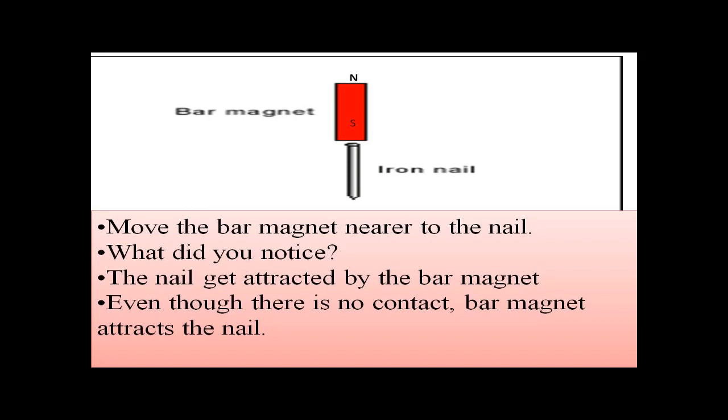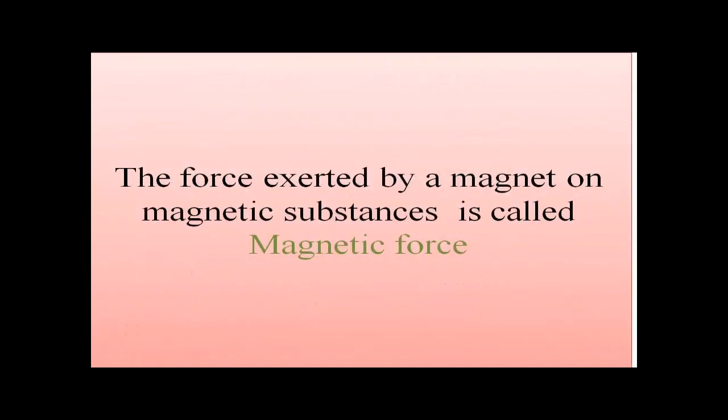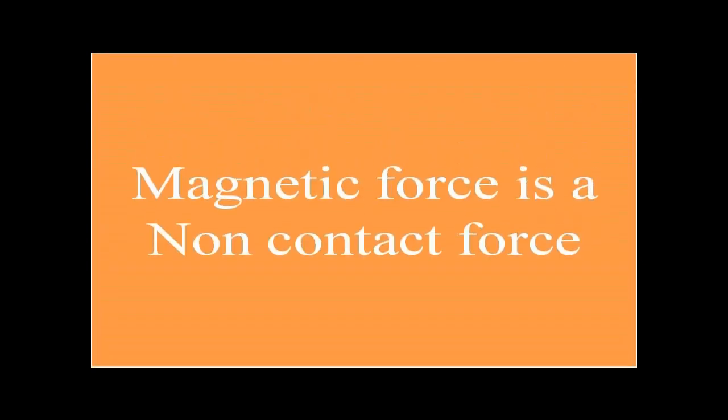Even though there is no contact, bar magnet attracts the nail. The force exerted by a magnet on magnetic substances is called magnetic force. So, contact is not required for the magnetic forces to come into play. We call this force as non-contact force.